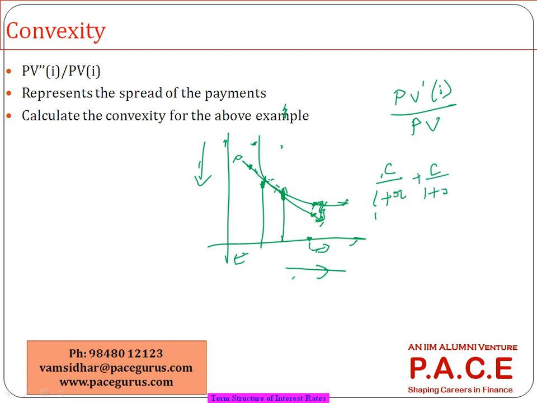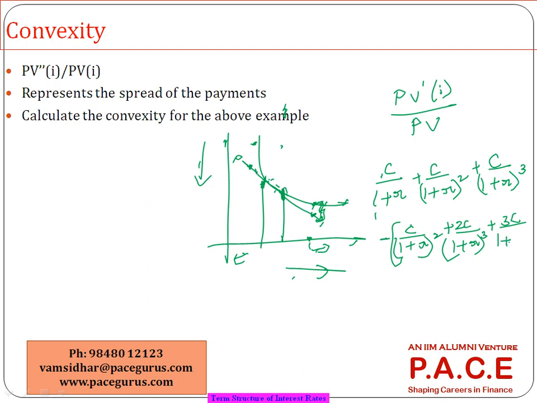Same logic again: if I go with C by 1 plus R plus C by 1 plus R squared plus C by 1 plus R cubed, what is the duration? We take the minus out, and we have said C by 1 plus R squared plus 2C by 1 plus R cubed plus 3C by 1 plus R to the power 4 is the duration.